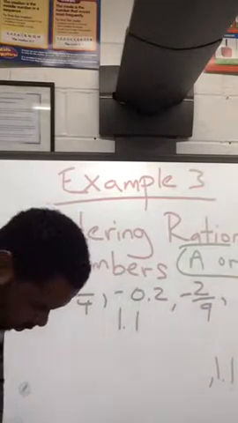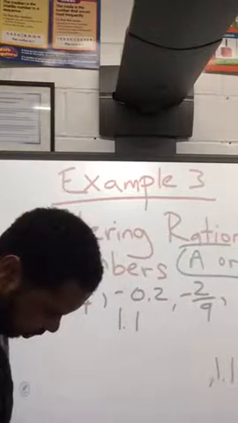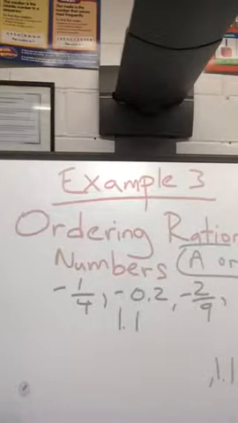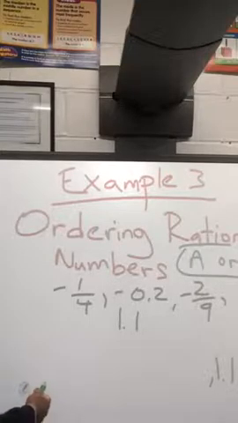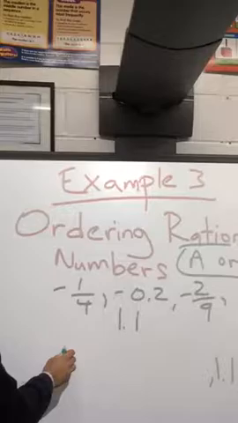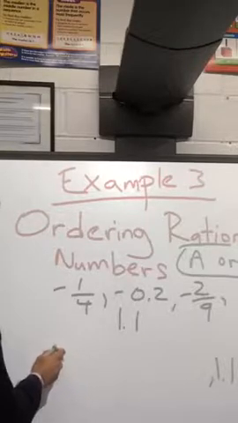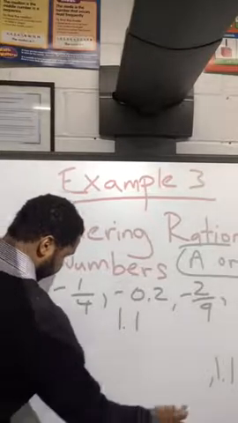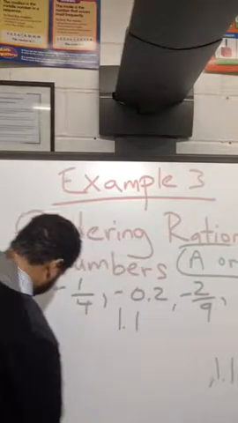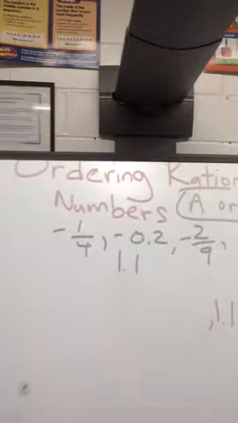So let's look which thing is farther away from 0. Well, you have to know what 2/9 is. And this one is a little tricky. Let's do a quick comparison.